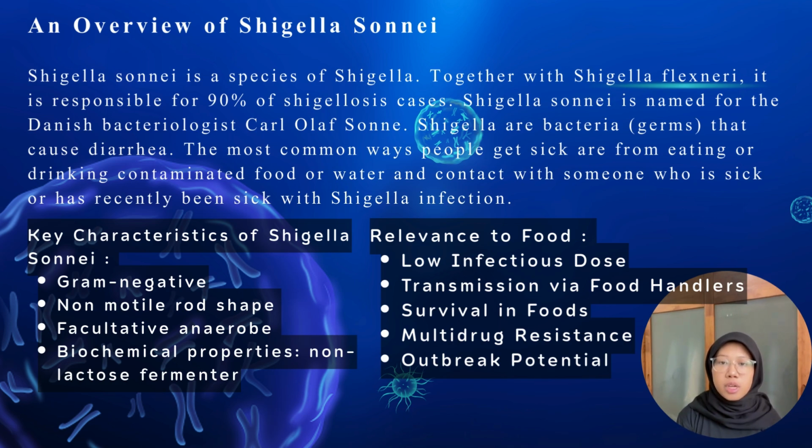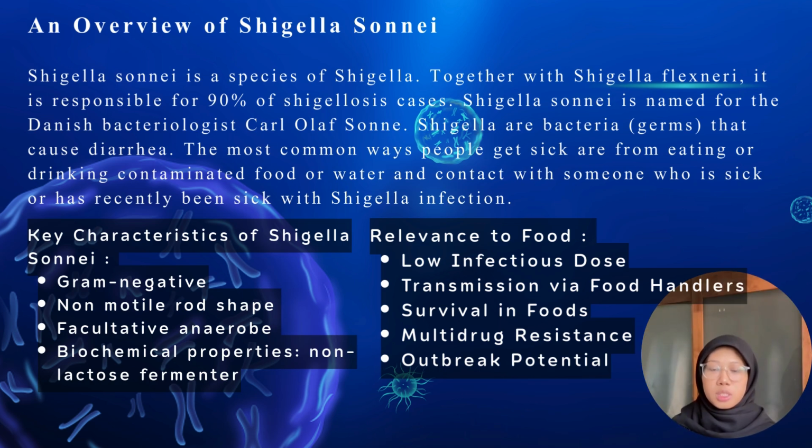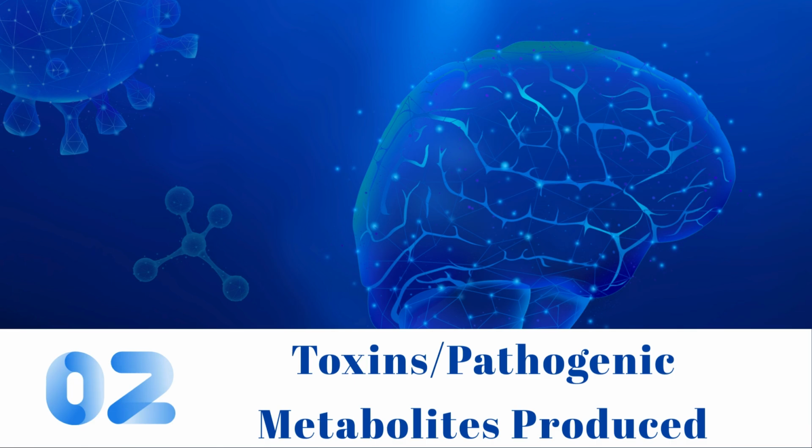It can survive for extended periods in various foods, including low pH foods like fruits and vegetables, prepared salad, and refrigerated items. Lastly, it is outbreak potential. Due to high communicability and low infectious dose, it is a major cause of sporadic and common source outbreaks in developed countries, particularly in institutional settings like daycares and restaurants.